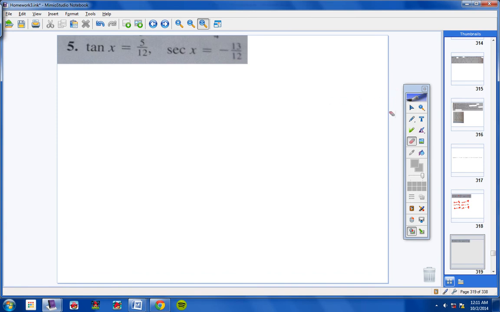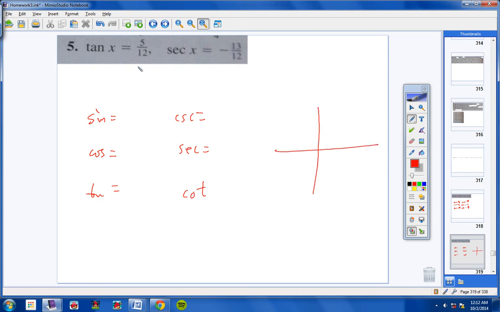All right, so we have tangent and secant. Well, real quick here, students, I'm going to put sine equals, cosine equals, tangent equals, and then cosecant equals, secant equals, and then cotangent. Next, I want to find what quadrant we're in. So we want tangent when it's positive.